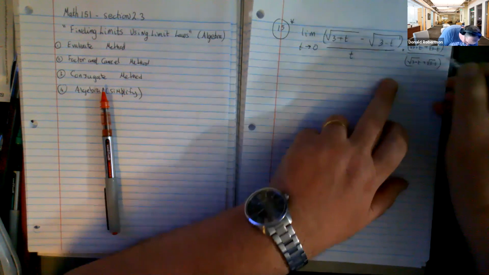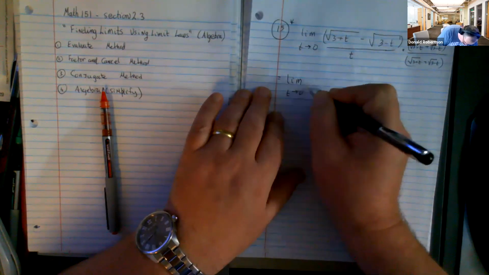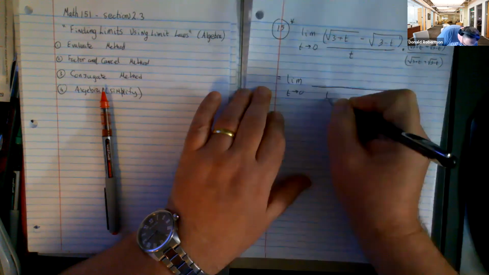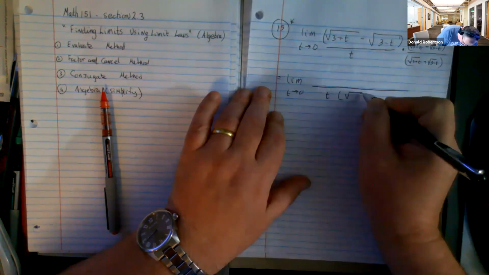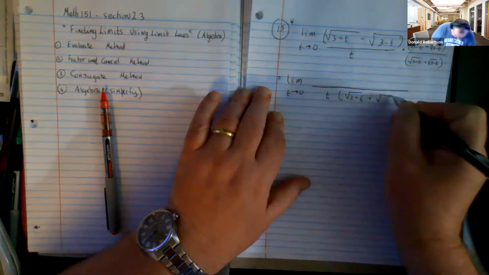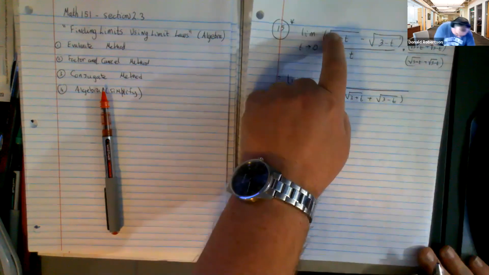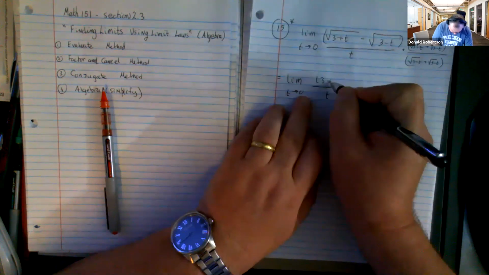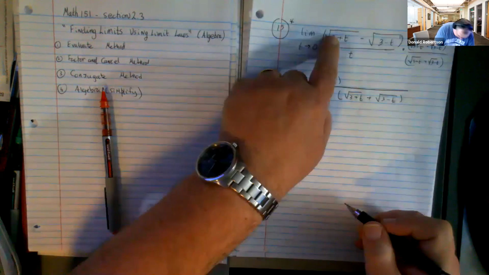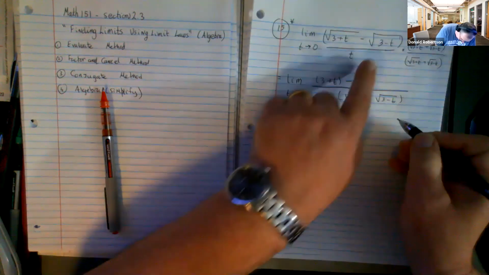So it's going to be the limit as t tends to 0. I won't do anything to the bottom this time. And if I FOIL the top, can I do the shortcut and just say it's the first guy squared, take away the second guy squared? So the square root of 3 plus t times itself gets you this. Take away the second guy squared.